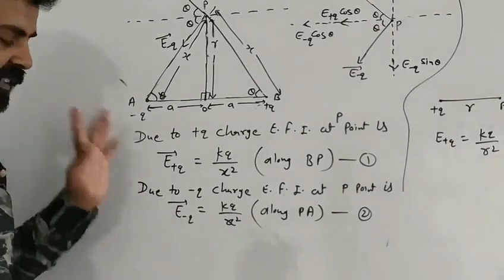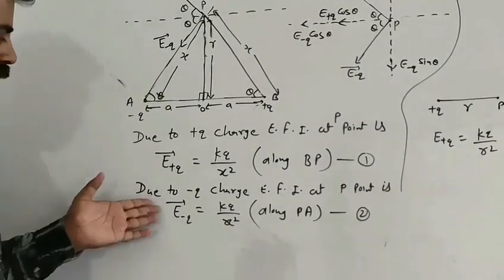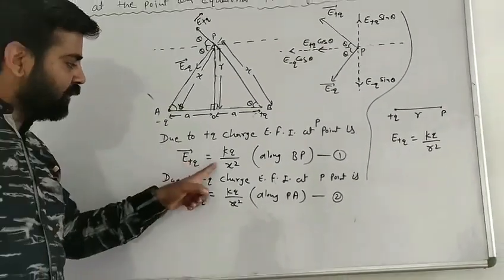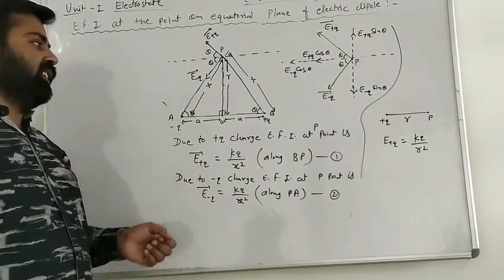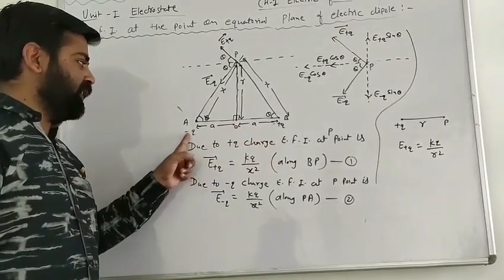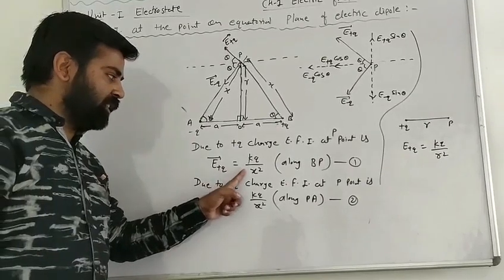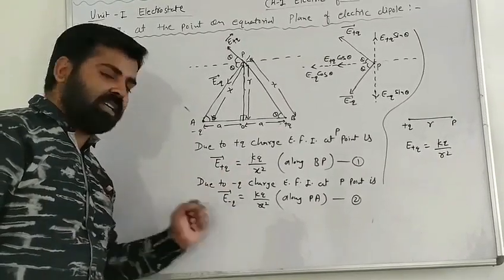From equations first and second, it is concluded that the magnitude of electric field intensity due to plus q charge and minus q charge is equal, and this magnitude is kq upon x square.